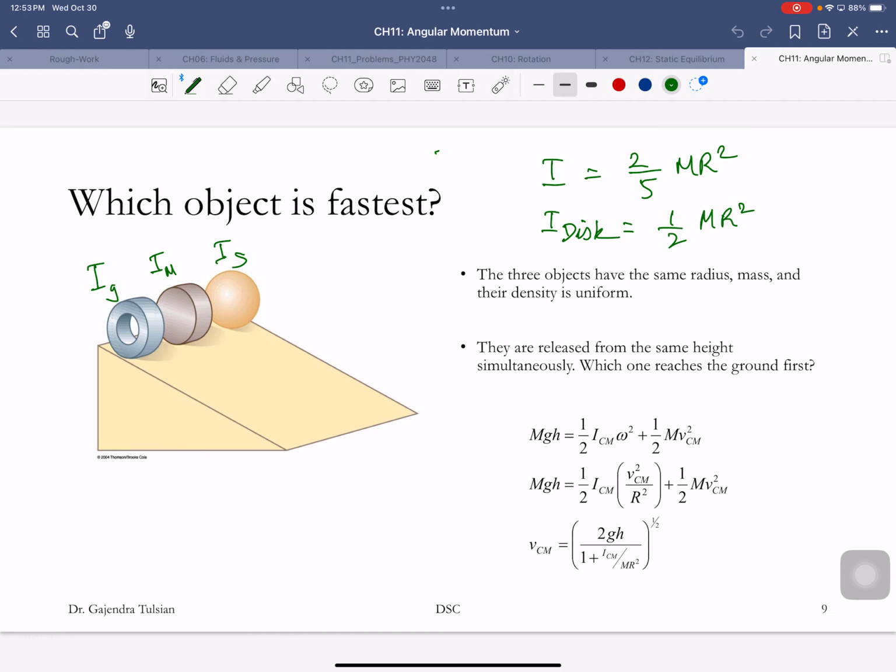So here's the formula for the velocity of an object rolling down the hill at the bottom of the hill.